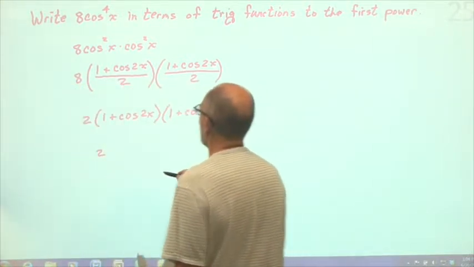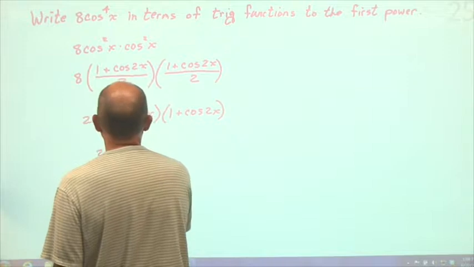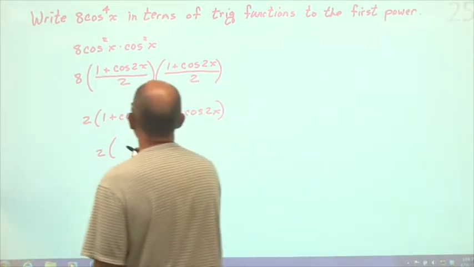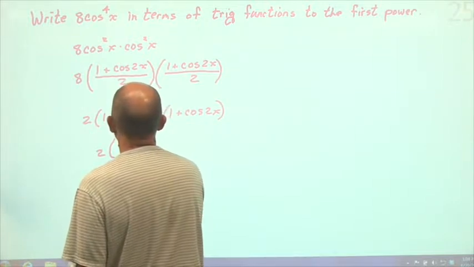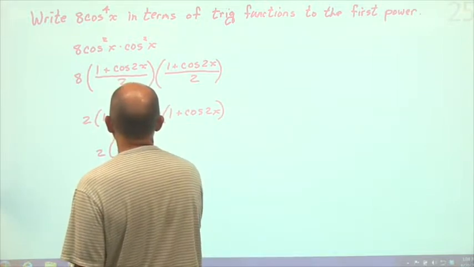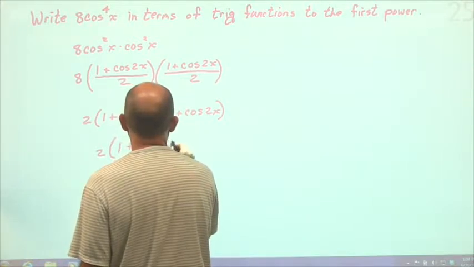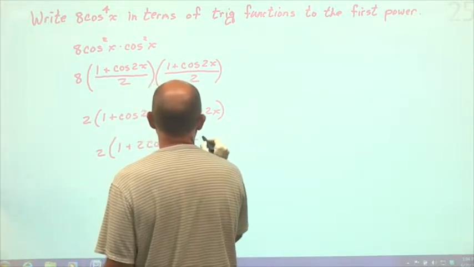Now, when I distribute this, it's a plus b times a plus b, so it's going to be a squared plus 2ab plus b squared.